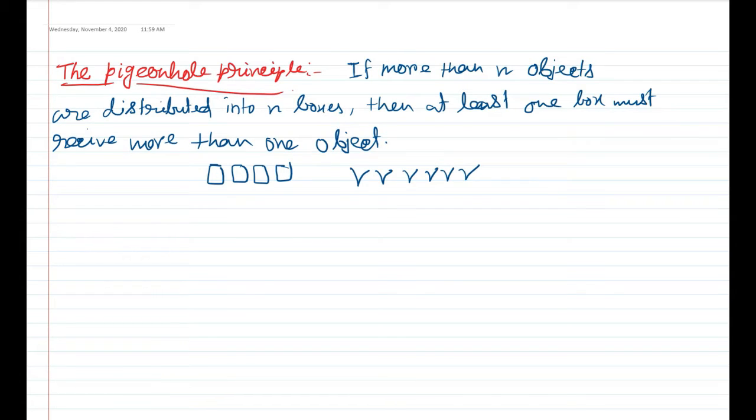If you are trying to put these pigeons into 4 boxes, then at least one of these 4 boxes contains more than one element, okay.